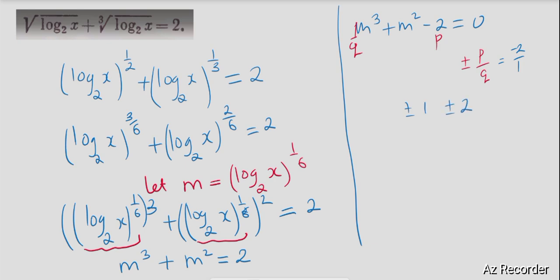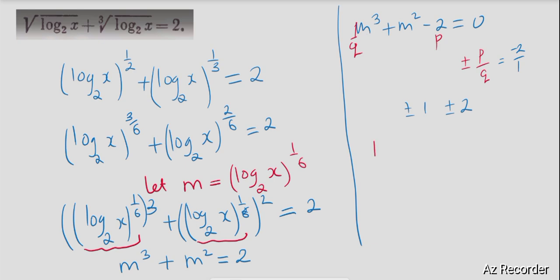Now we are going to try one of these randomly and see if it's going to be a factor. And in this case, we are going to use the factor theorem to do a random substitution. So let's say, for example, if m is 1, where we're having m, we're going to replace it with 1.